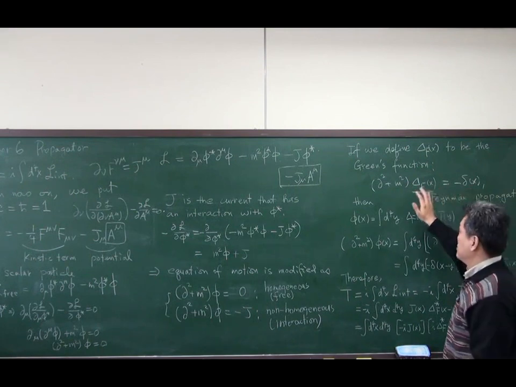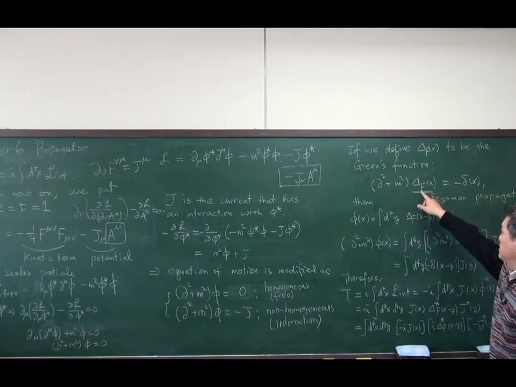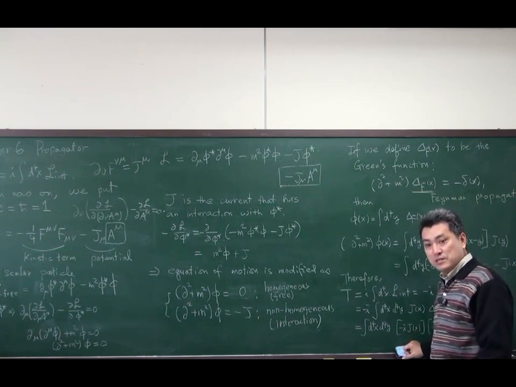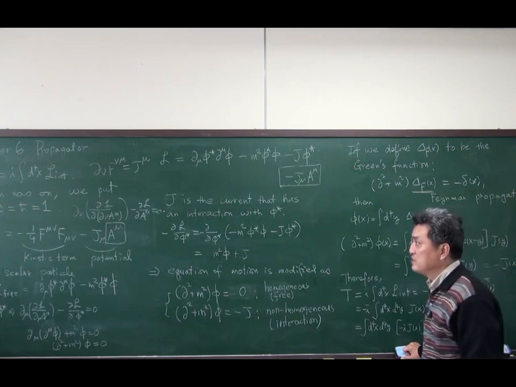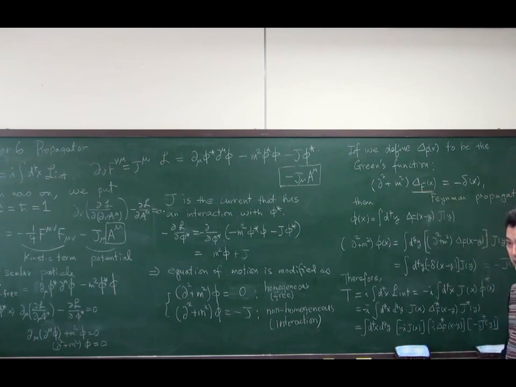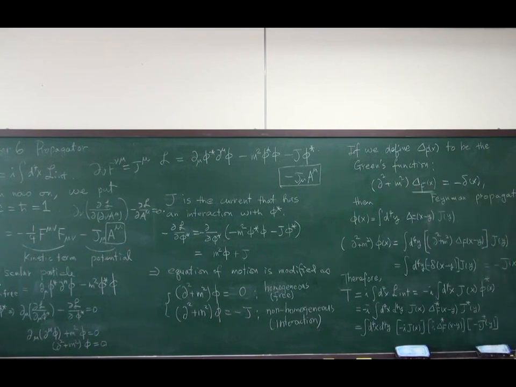So it is good to know the answer for this non-homogeneous equation. When we learn electromagnetism, we learn that as a Green's function. In the case of particle physics, we call this a Feynman propagator. Let us assume we have found the answer for this, and let's see what happens.